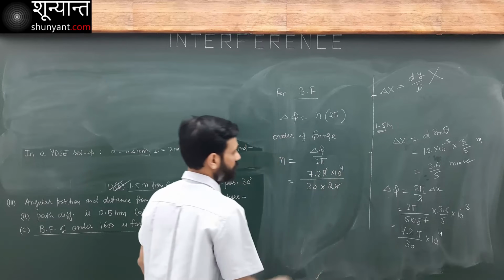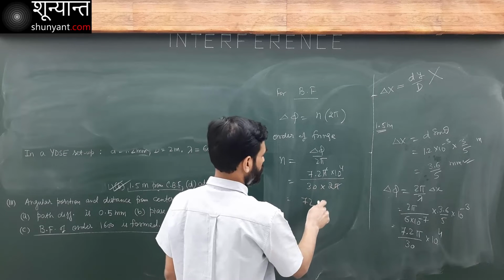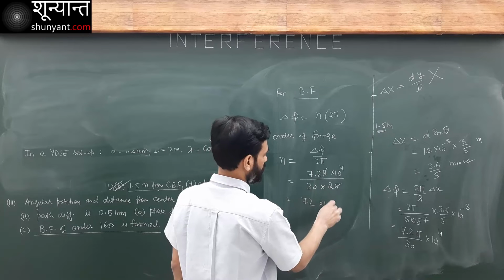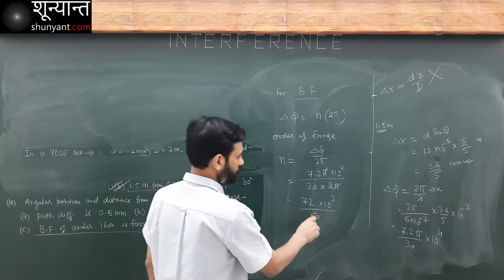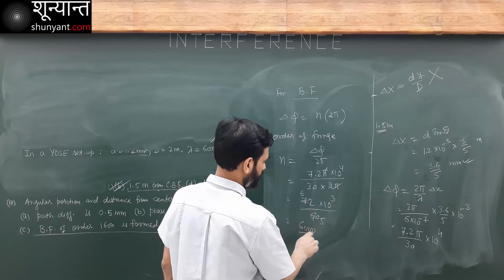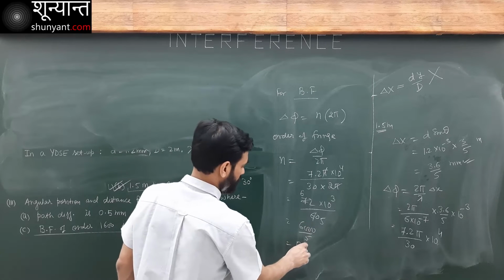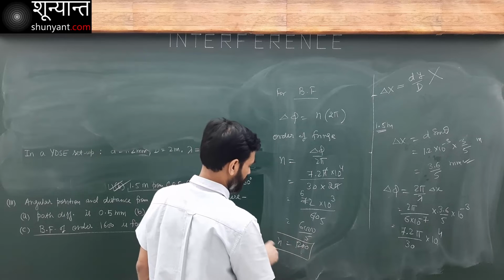Pi gets cancelled. This becomes 72 times 10 to the power 3 over 60. So 5 and 6: this is 6,000 over 5, which is 1200.